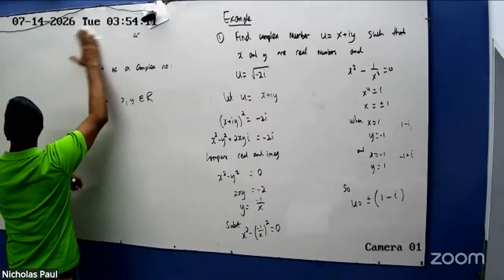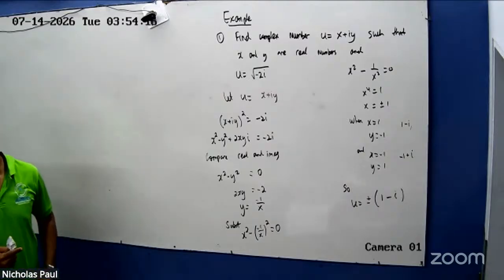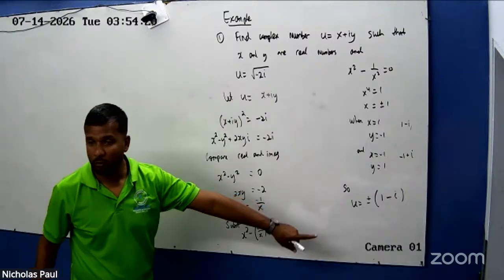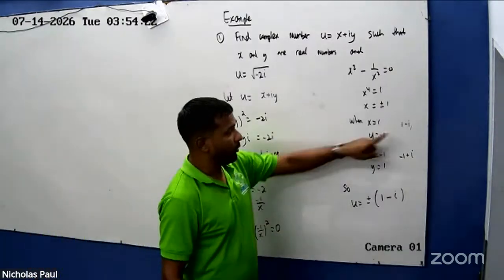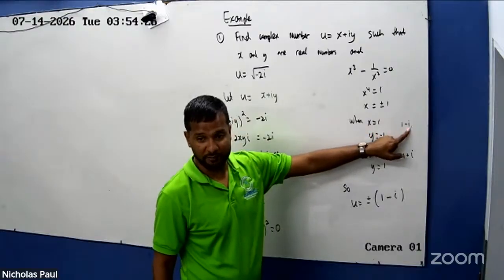Online, are you okay with this? Everybody online, are you okay with how to write the final answer? No? So when x is 1, y is minus 1.